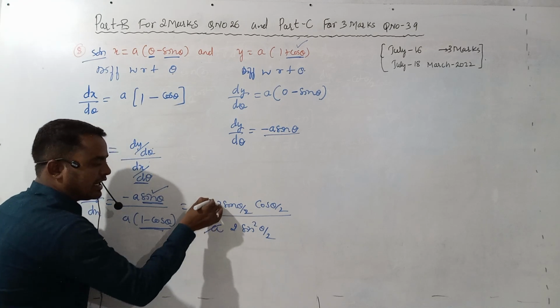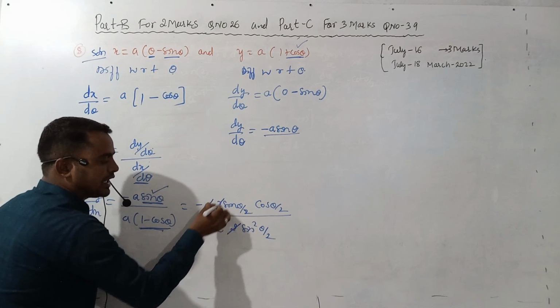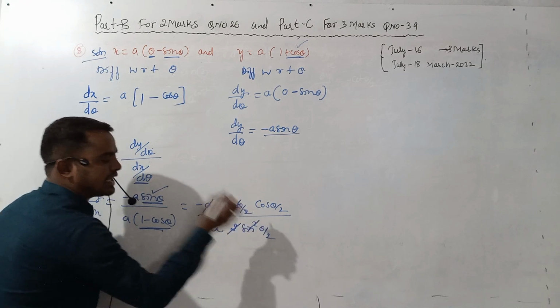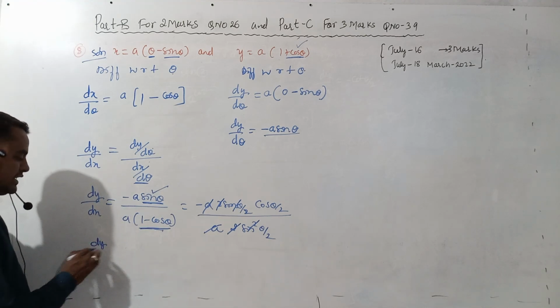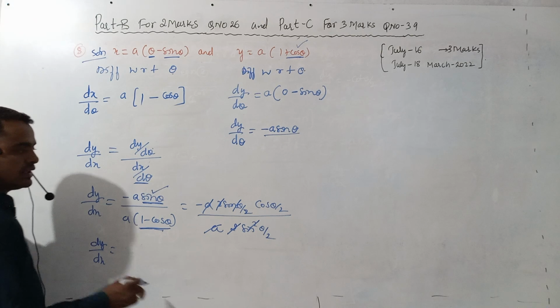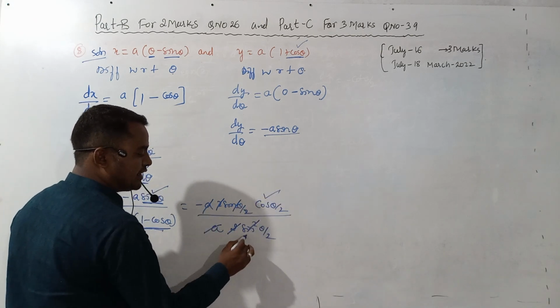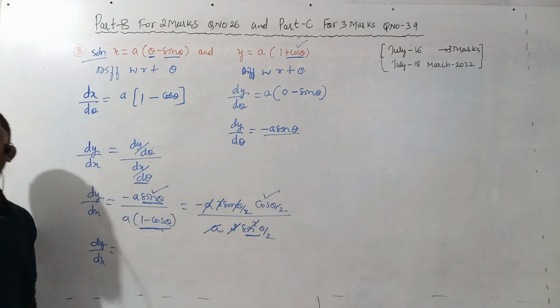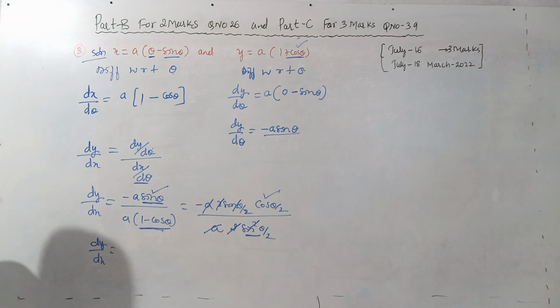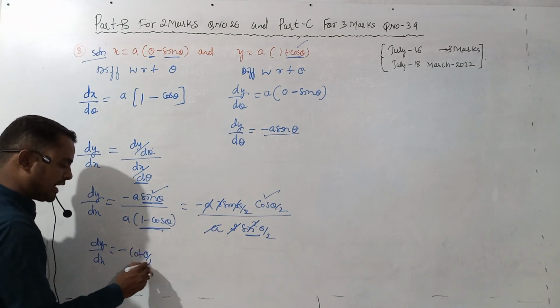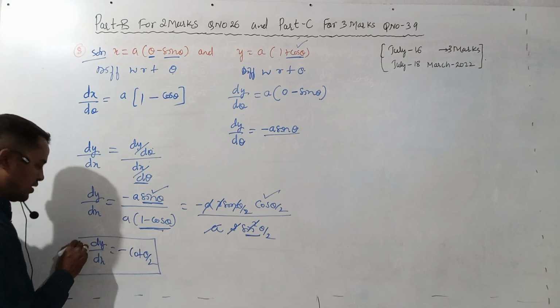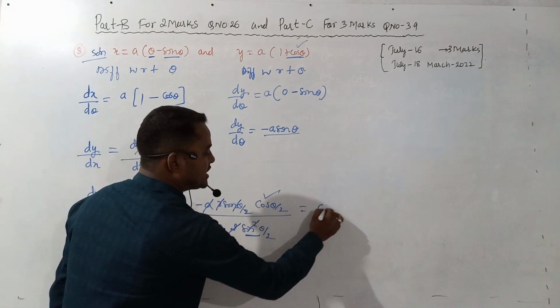The a cancels, the 2 cancels, and one sin cancels. Now dy by dx is equal to minus cos theta by 2 divided by sin theta by 2. Cos by sin is cot theta by 2.